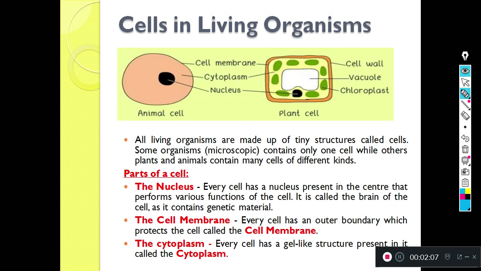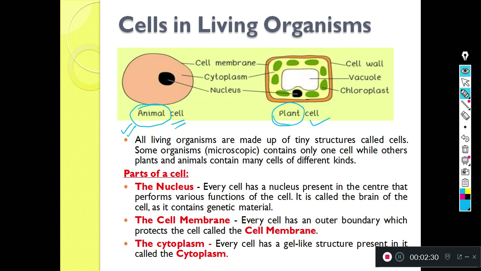For example, if I am saying a cell which is making the body of an animal, so the cell which is the basic unit of an animal's body, we call it an animal cell. In the same way, if a cell is making a plant, we will say these are the cells found in plants.